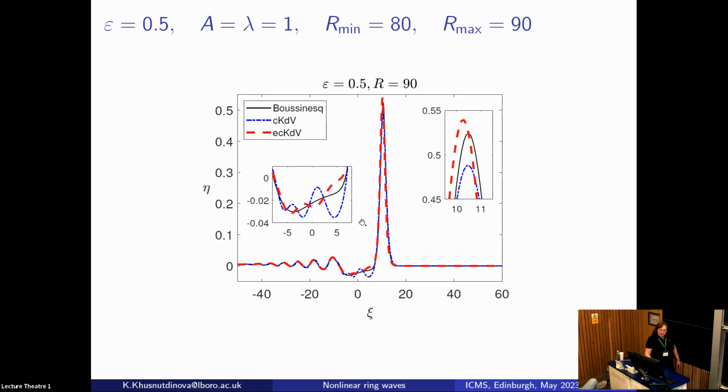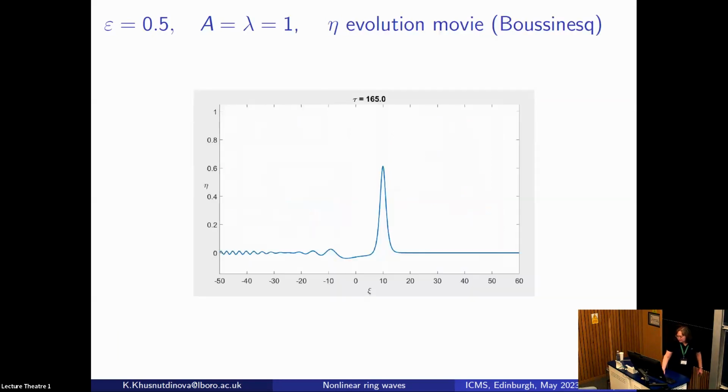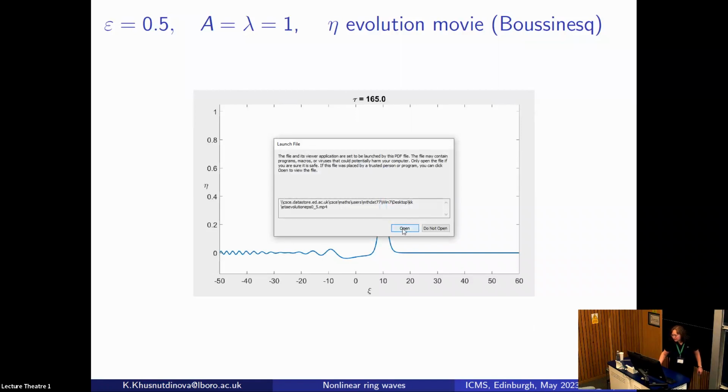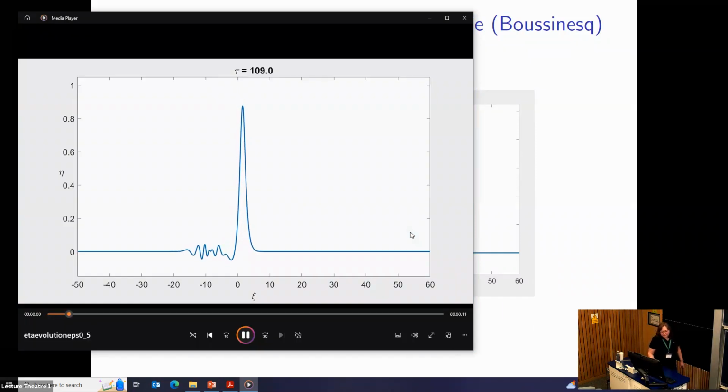The most significant difference is in the shelf, where CKdV has some significant oscillations. Extended CKdV in general performs better than CKdV as well. And that's the dynamics. Let's have a look at the numerics.